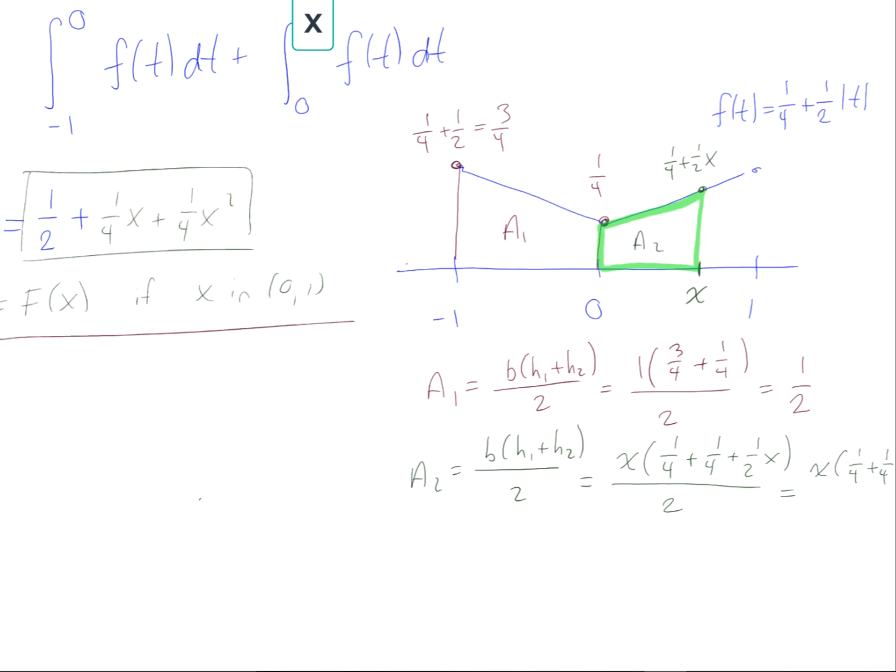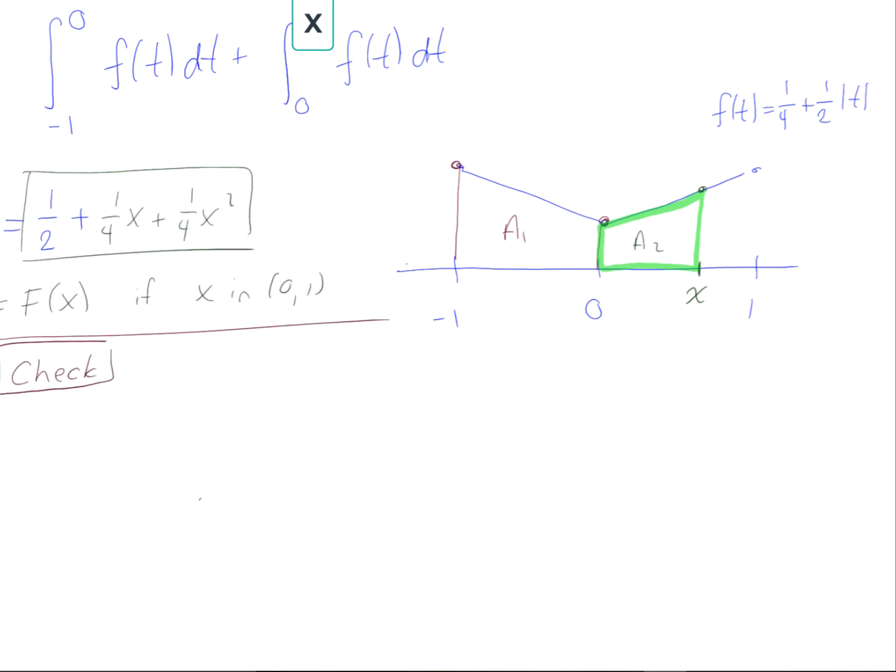We can do some quick checking that this makes sense. Because my values are equally likely to be positive and negative, the probability that our values are negative is 1/2. So if I plug in 0 to the function I found, I get 1/2 plus 0, which is exactly what I want.